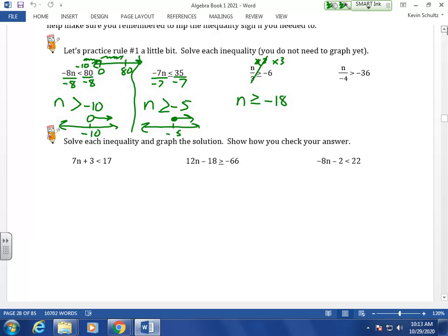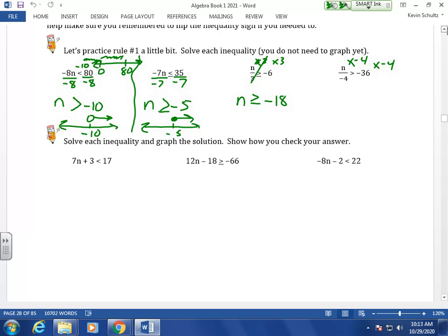The last one there. N divided by negative 4 is greater than negative 36. To get that n by itself, we're going to be multiplying by what? Negative 4. We are multiplying by negative 4. Is the sign going to change on my solution side?